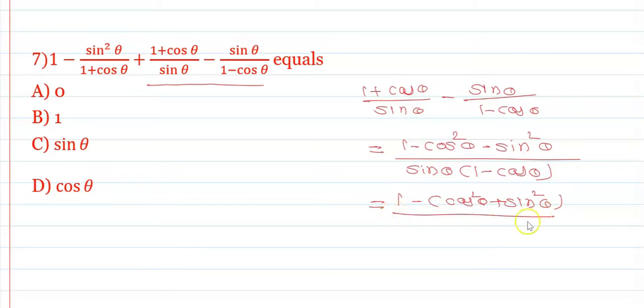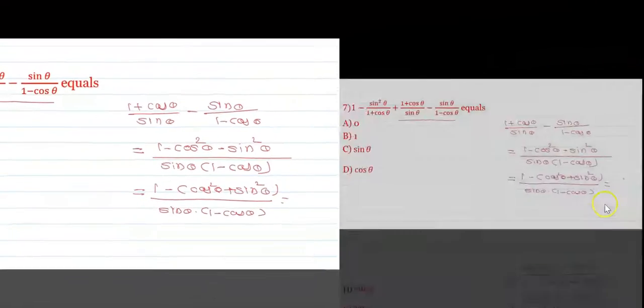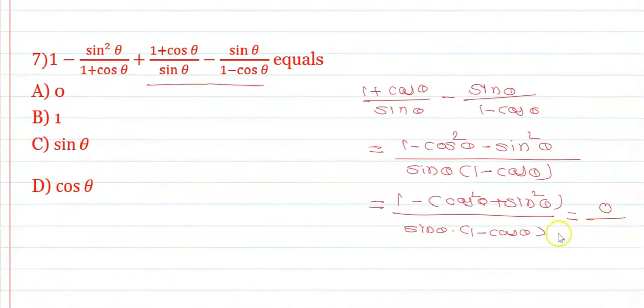But what is the value of sin square theta plus cos square theta? That is 1, and hence 1 minus 1 will be 0. Now the numerator is 0, whatever the denominator, the value of the whole fraction is 0. It means that the value of these two terms is 0.